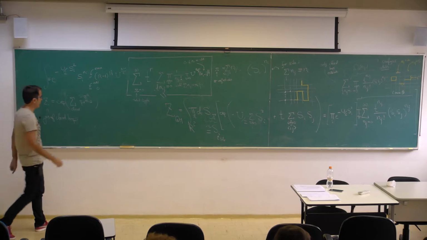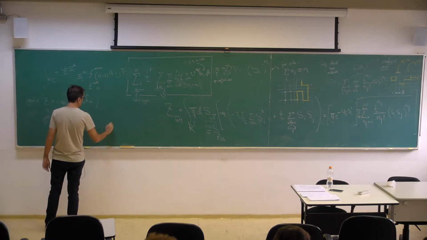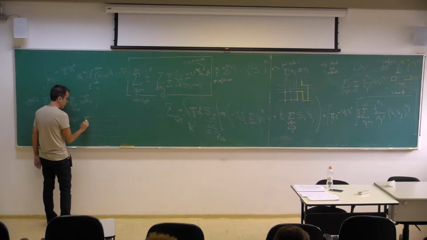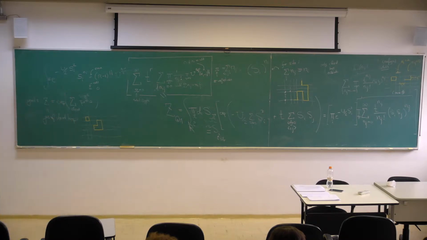In the beginning, for Z, we have many configurations that contribute, and they can be disconnected. We can have, for example, this loop here, and another loop here. These two are closed loops, because they are closed, ni is even.